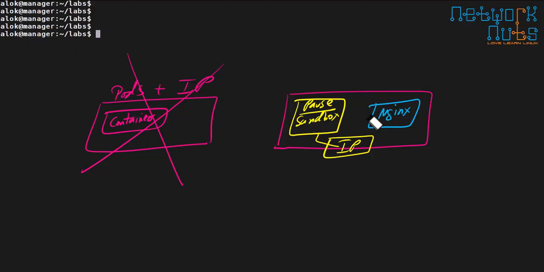So can I see all these things? Two containers run inside your pod: the pause container or sandbox, and then your business application container, Nginx.